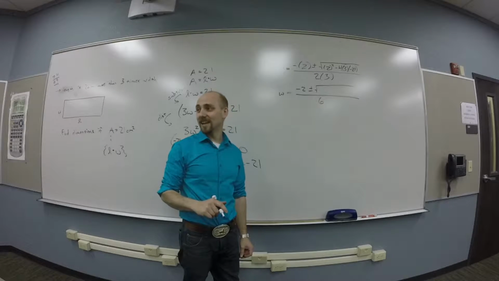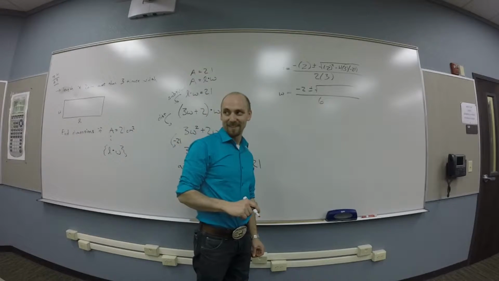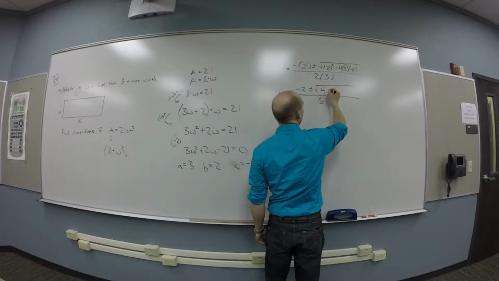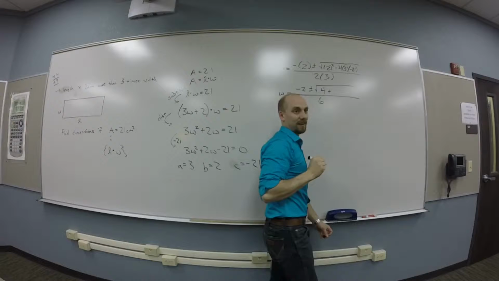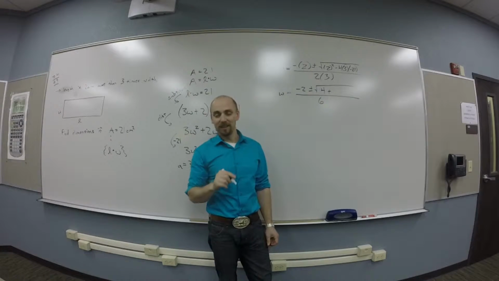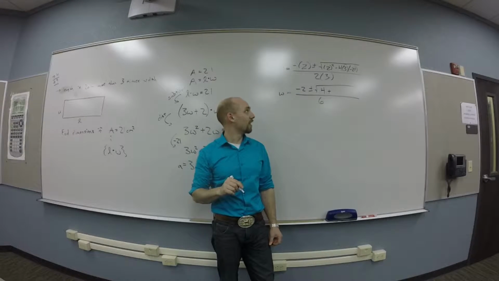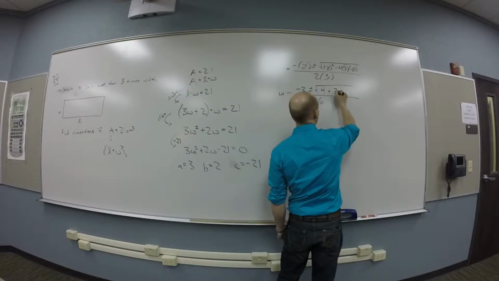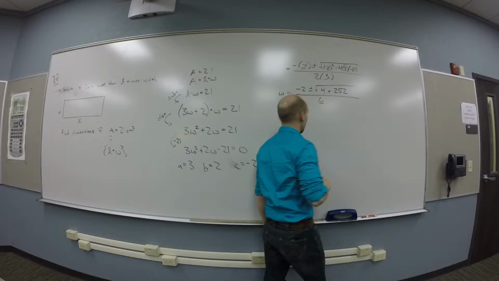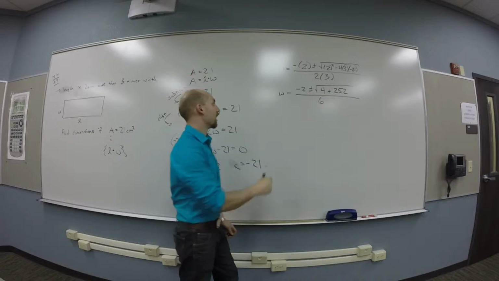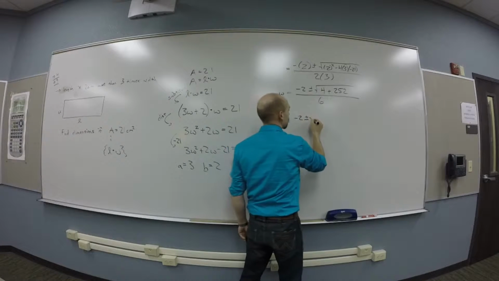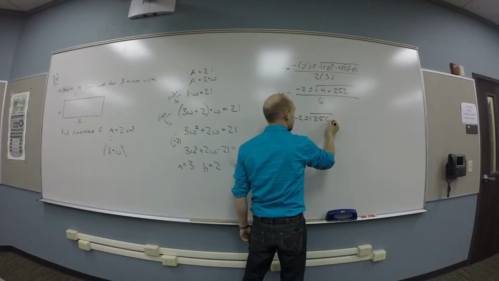Then somebody want to give me what 12 times 21 is? 252. Okay. So I got W is negative 2 plus or minus the square root of 256 over 6.